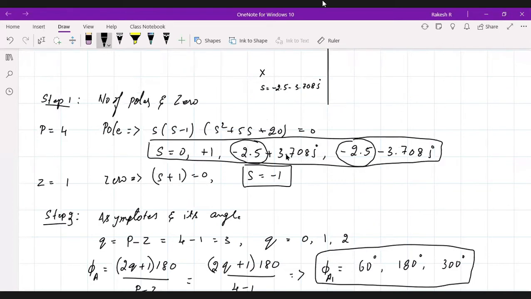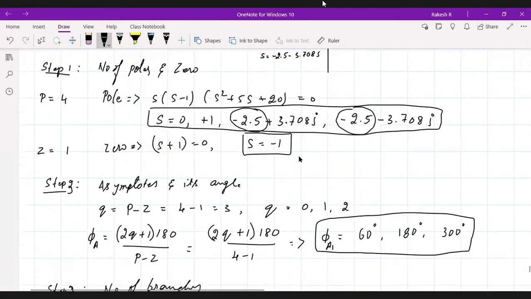You need not consider the imaginary part, that is 3.708.